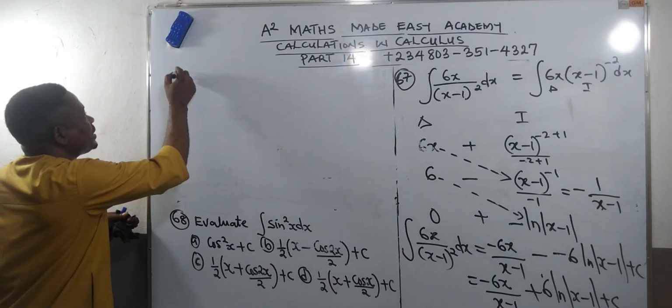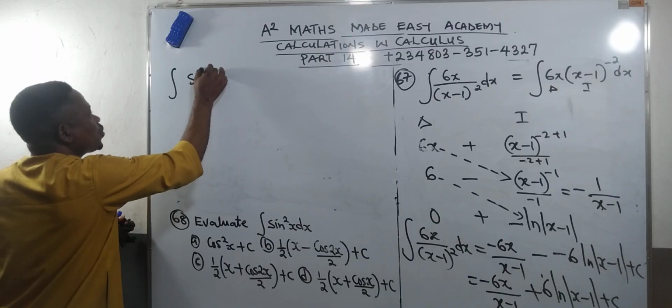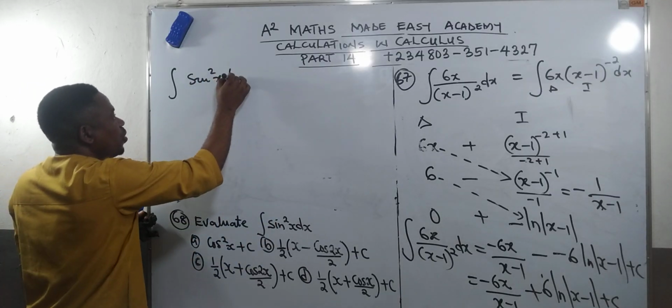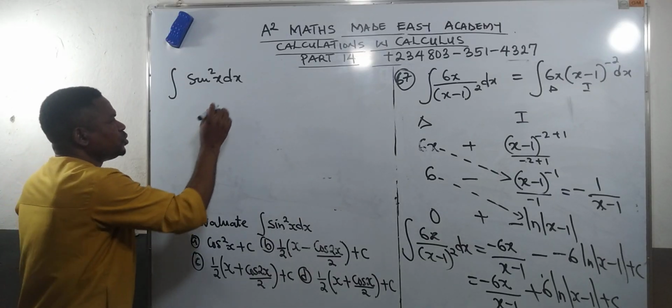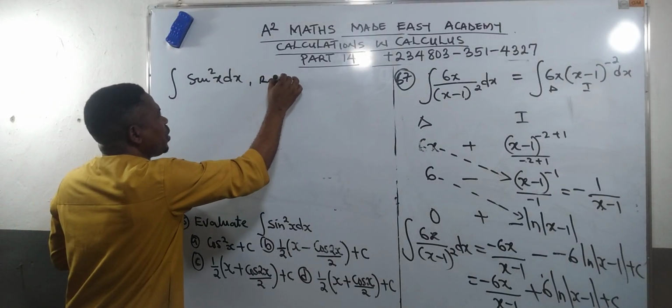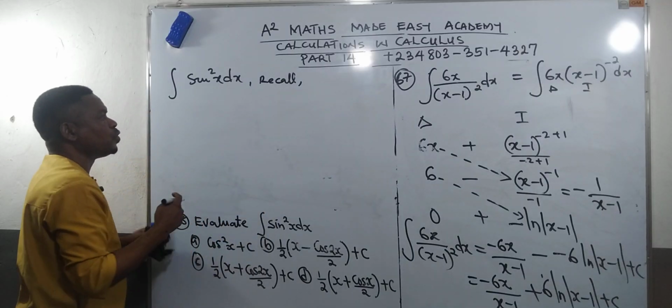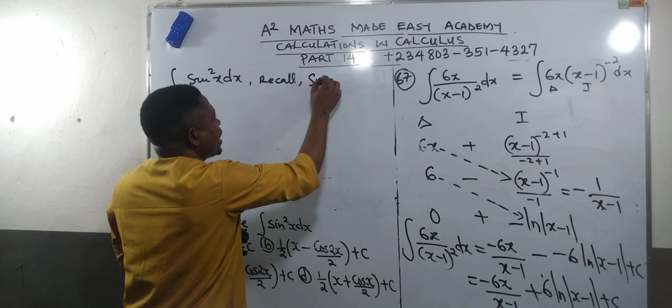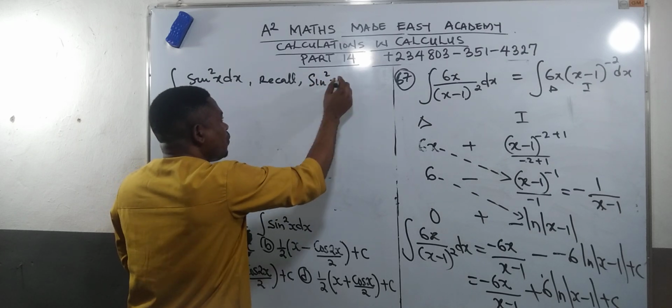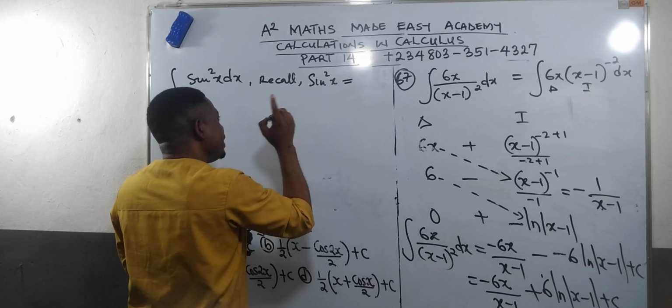Evaluate integral of sine square of x dx. This is very simple. Now what I want you to do is to recall. We cannot integrate this unless we obey the rule of trigonometry first. So anytime you are given sine square of x, don't forget, according to trigonometry, it is always this.